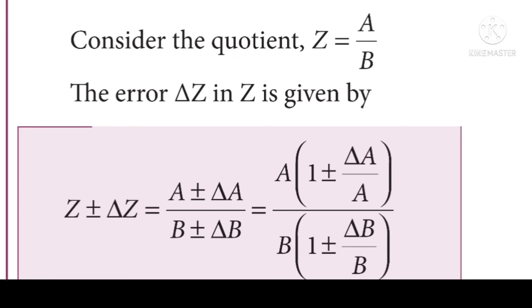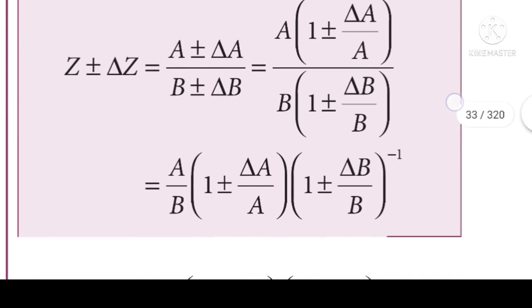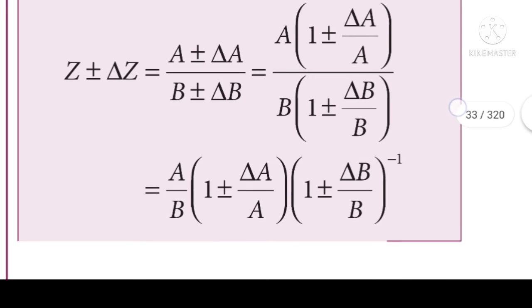In the numerator, we have to take A outside. Then we will get A into 1 plus or minus del A by A divided by, in the denominator, we have to take B outside. We will get B into 1 plus or minus del B by B. In the next step, we will get A by B into 1 plus or minus del A by A into 1 plus or minus del B by B the whole power minus 1, because 1 plus or minus del B by B is in the denominator.